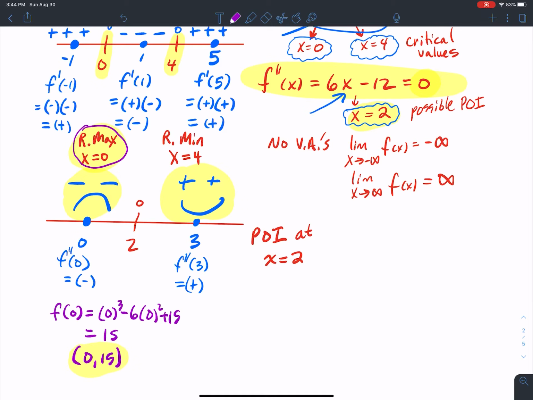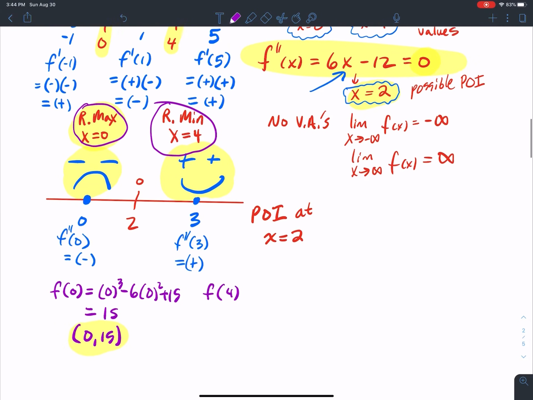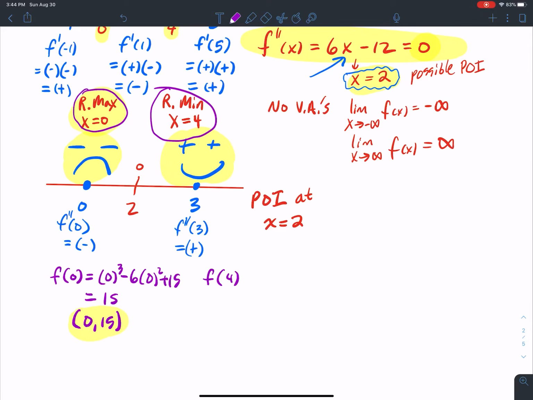Next up, I have f of 4 for my relative minimum. And when I plug that into my original function, like I just did for f of 0, I'm going to get negative 17. So that tells me that 4 comma negative 17 is the relative min there.